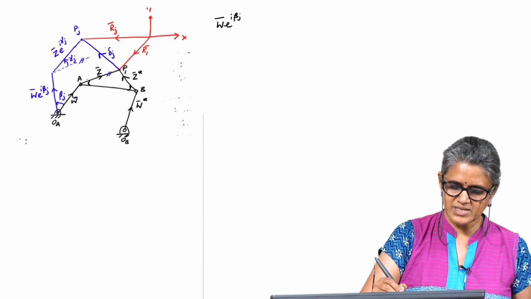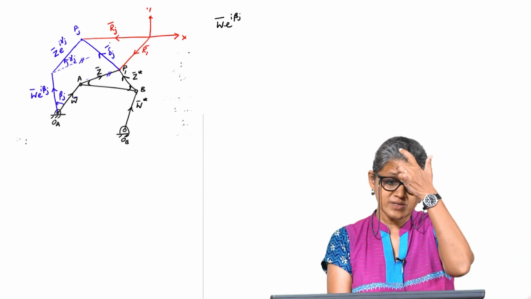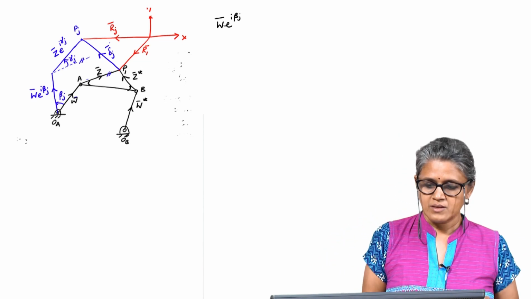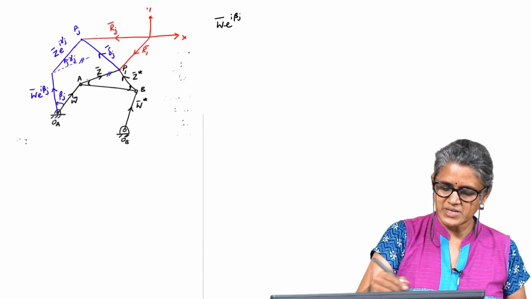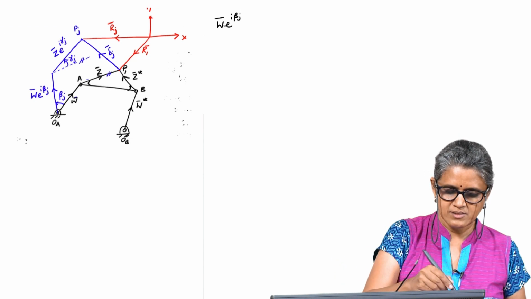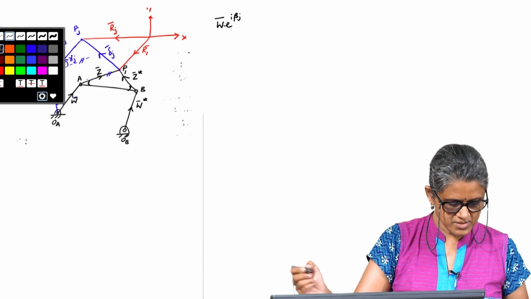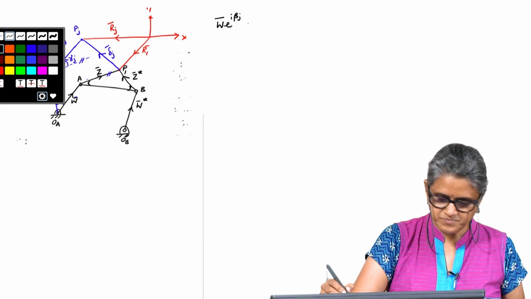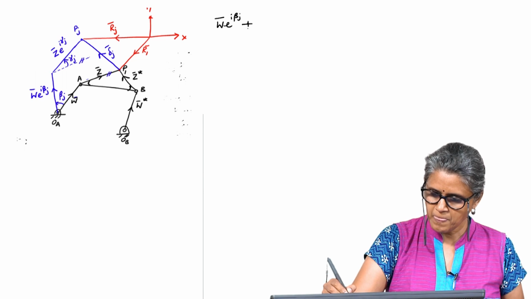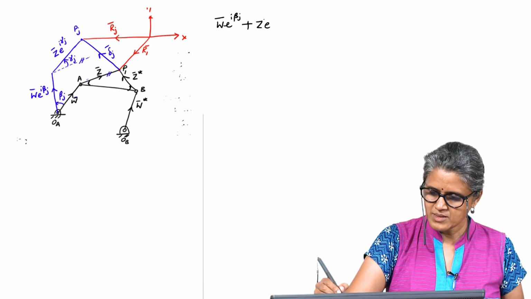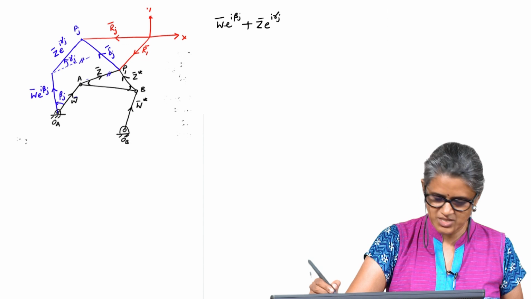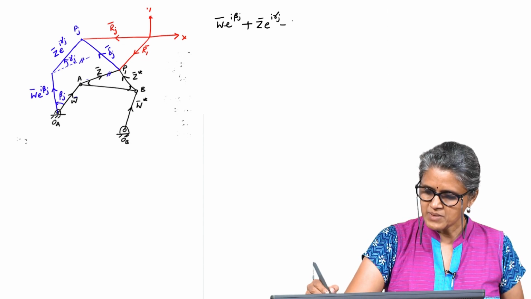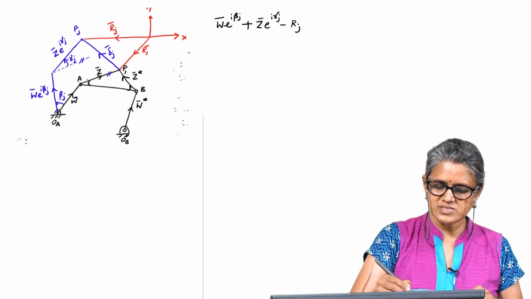Let me call this delta j. Okay. So, first let me write the loop closure. So, W e power I beta j plus Z e power I gamma j minus R j, because I am going this way. Okay.